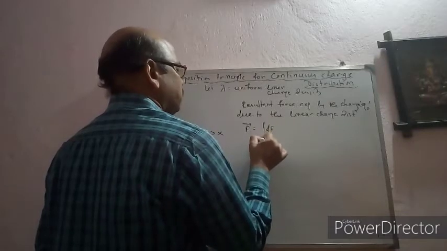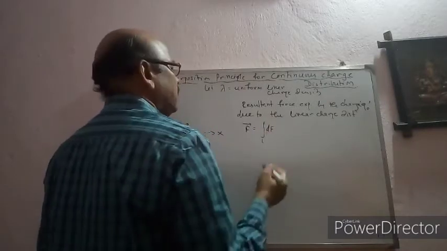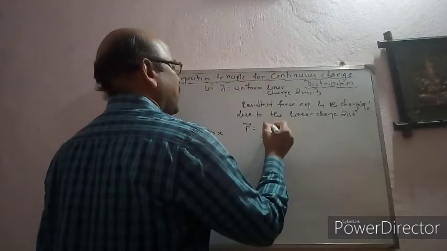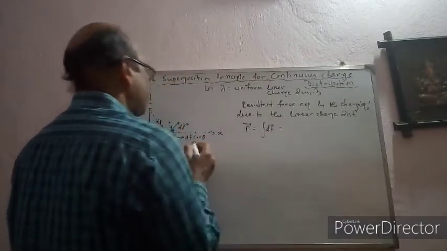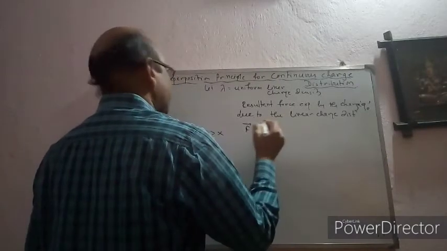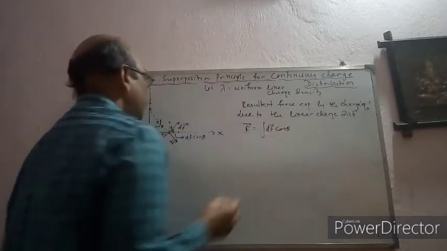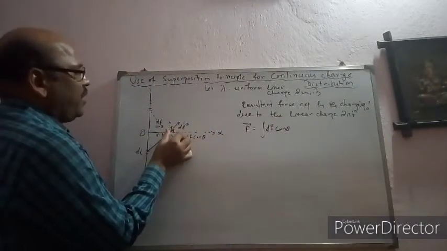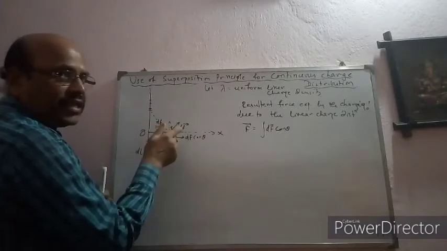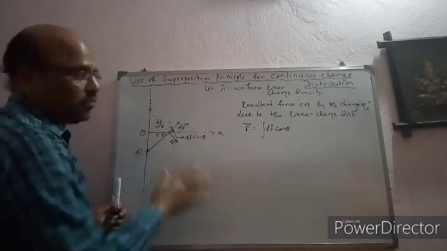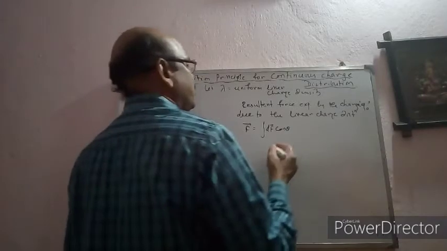Actually it is a line integral. Integration will be done along the line. So you will put not dF but dF cos theta. Only dF cos theta will exist for all the elements. The dF sin theta components will cancel while taking the whole linear charge distribution.